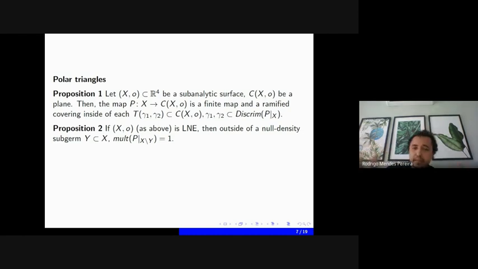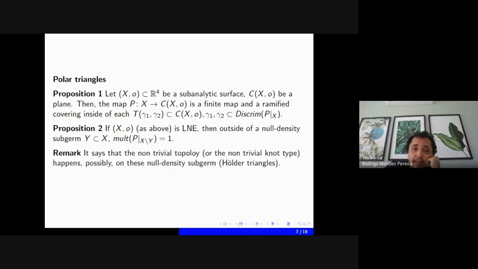I think then if you put L in E, then we can speak about multiplicity 1 outside of this set. In other words, it says that non-trivial topology, or non-trivial node type, happens exactly on these thin triangles.